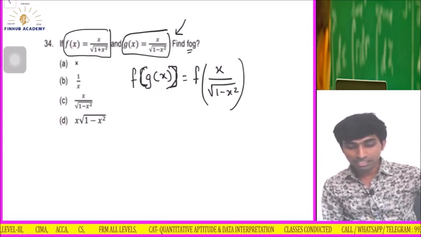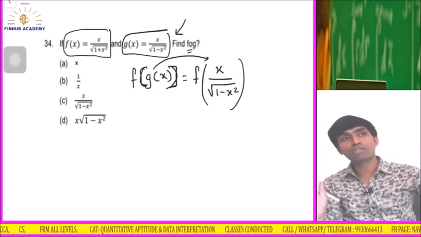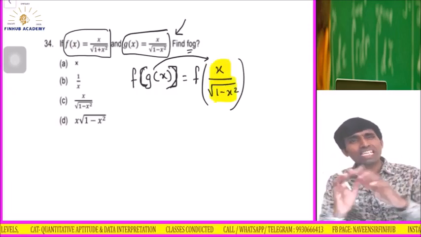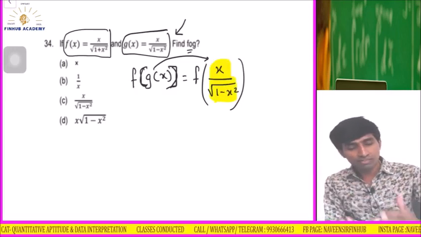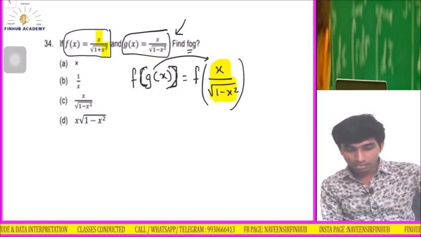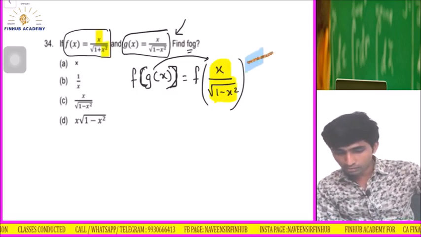So you remember, instead of g now I substituted g of x, instead of g of x I have substituted x upon under root 1 minus x square. So now this whole becomes x, this is what we used to assume, and this we will substitute here in the place of x in f. Okay, see, if you observe now, let's assume this whole bracket is x.